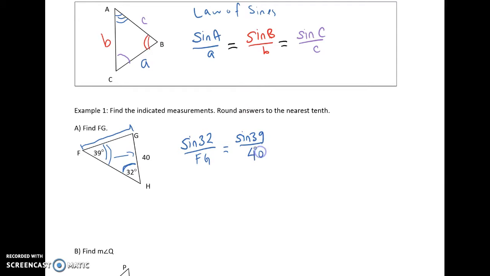over 40. Then I can create a proportion so I can cross multiply to solve. And again, I was able to do that because I had two pairs of opposite angles and sides. So let's cross multiply. I'm going to get 40 sine 32 is equal to FG times sine 39. Put that in parentheses. Then I want to get FG by itself, so I'm going to divide by sine 39.